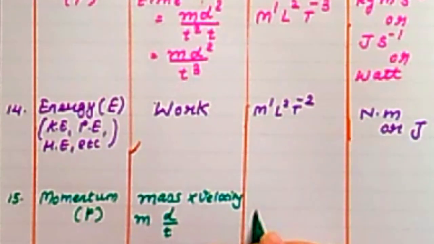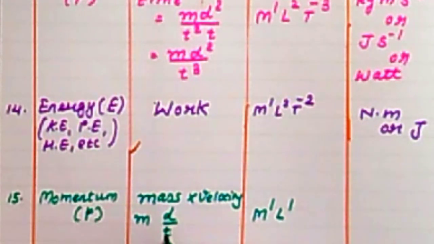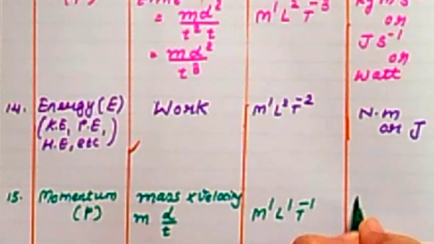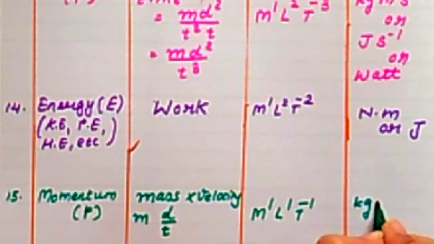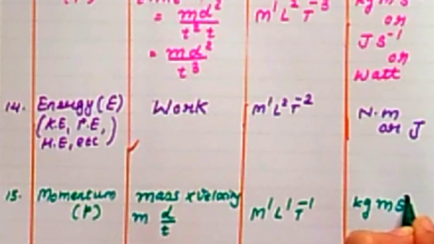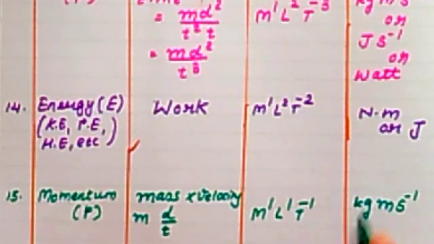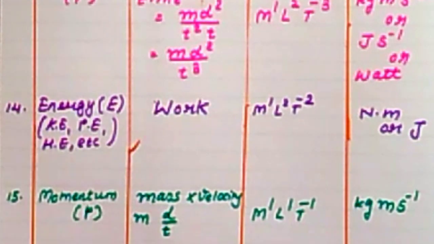Now dimensional formula of mass is M1, distance is L1, and time T1 goes into numerator as T -1. Now here unit of mass is kilogram, unit of length is meter, and time is second, -1 is as it is. Kilogram meter per second is the unit of momentum.